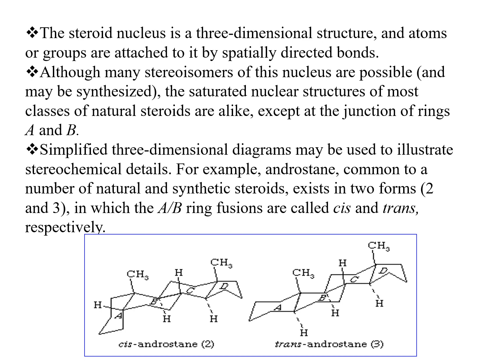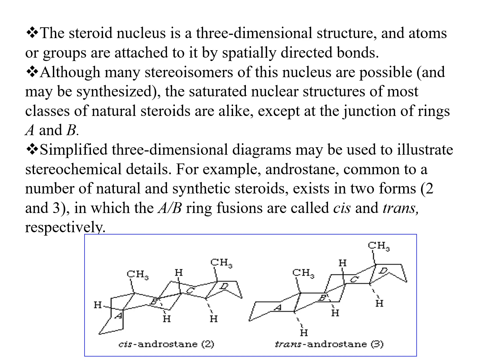The nuclear structure of most classes of natural steroids is alike, except for the junction of the rings at A and B. A simplified 3-dimensional diagram may be used to illustrate stereochemical details.